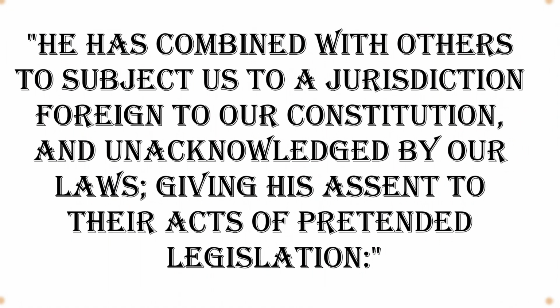He has combined with others to subject us to a jurisdiction foreign to our constitution and unacknowledged by our laws, giving his assent to their acts of pretended legislation. So the King and Parliament established the Board of Trade, which operated independently of the colonial legislatures and could enforce revenue laws.